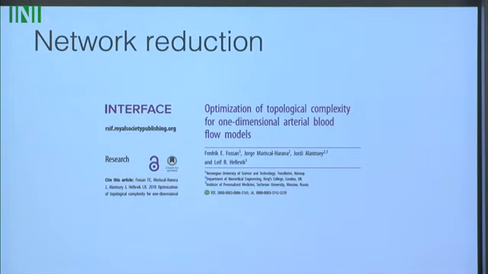Lastly, I'd like to say something about a work we have published in the Journal of the Royal Society Interface on optimization of topological complexity for one-dimensional arterial blood flow models.